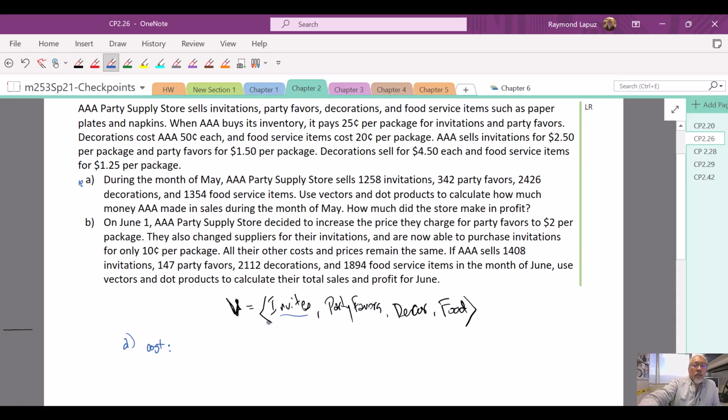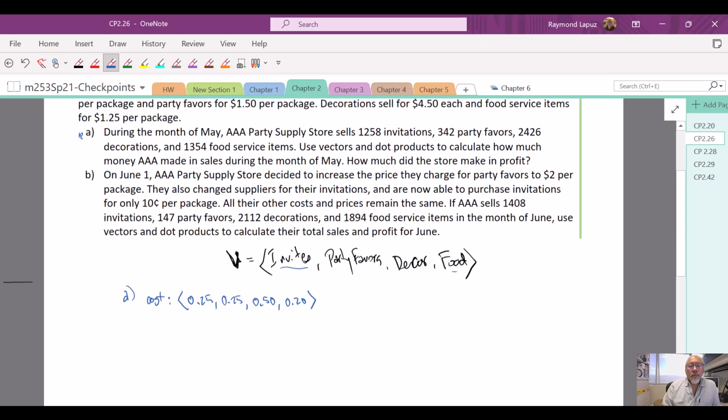So our first part here would be 25 cents, and party favors, I guess they're the same price, so that's also 25 cents. 50 cents for the food service items. Oh, that's last, so let's do decorations first. Decorations cost 50 cents, and food service items cost 20 cents. So this is our cost vector for this.